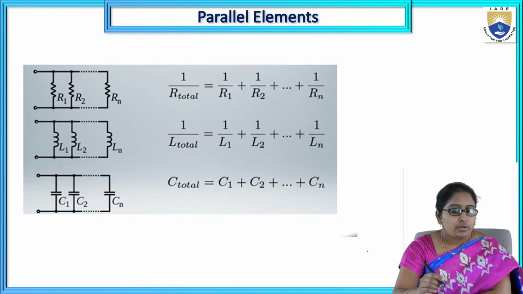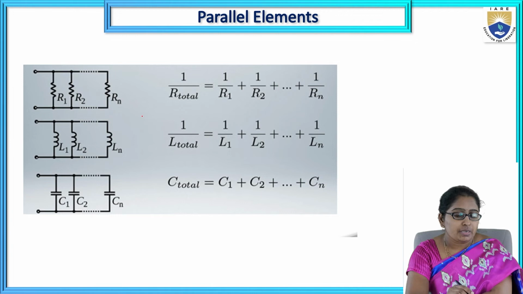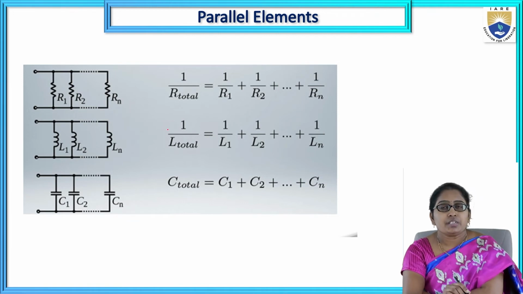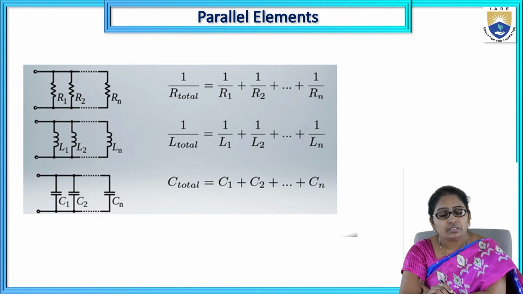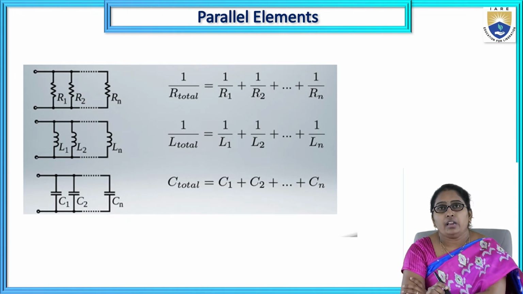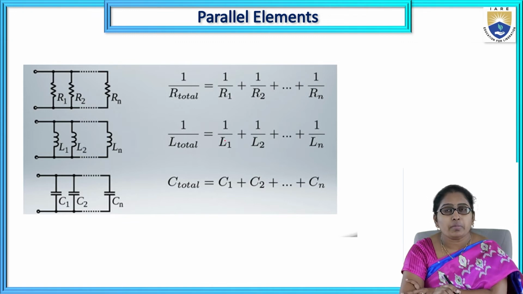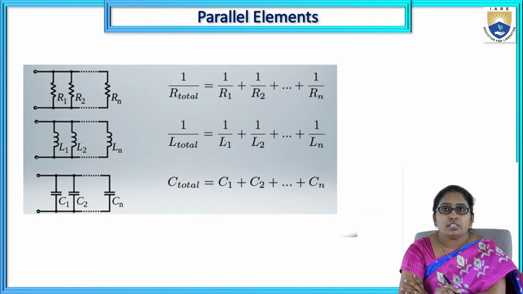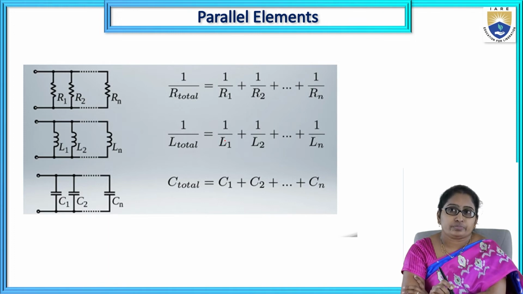Parallel elements. When n number of resistors are connected in parallel, the total resistance is given by 1 by R total equal to 1 by R1 plus 1 by R2 and so on up to 1 by Rn. For n number of inductors connected in parallel, 1 by L total equal to 1 by L1 plus 1 by L2 and so on up to 1 by Ln.